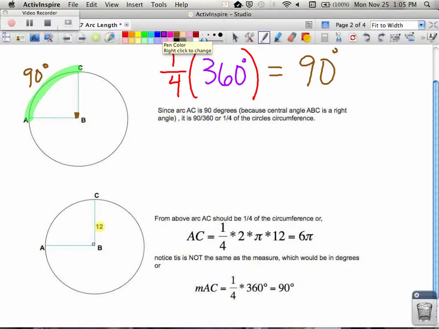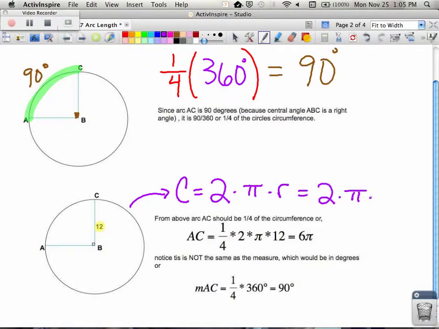So we would say, in this particular circle, that the circumference would be equal to 2 times pi times the radius, or in this case, 2 times pi times 12. This information, which we also see below here, 2 pi times 12, is the circumference of the whole circle. If I went all the way around, this would be the distance around the circle in purple.